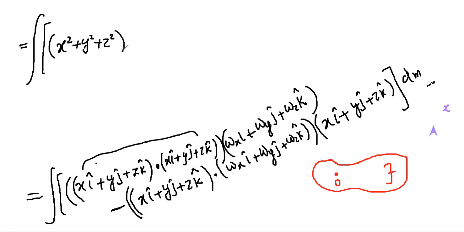Then we multiply it with omega x i cap plus omega y j cap plus omega z k cap.